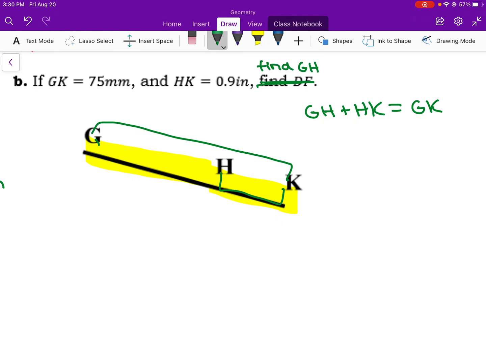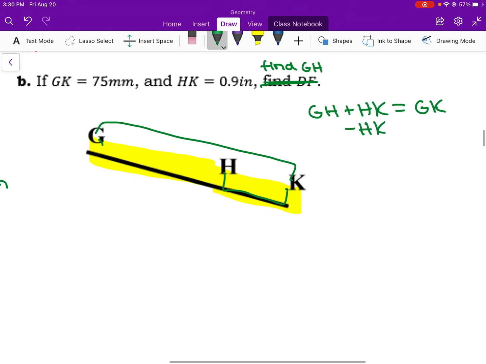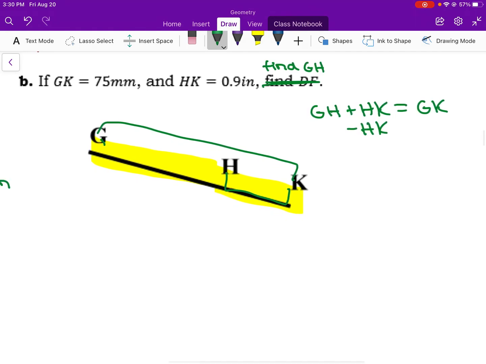If I know I want to find GH, I need to rearrange my equation so that GH is isolated. For this to happen, I need to subtract HK from both sides. These cancel, and I will have GH equals GK minus HK. And now I've rearranged it so that I can substitute my values in.